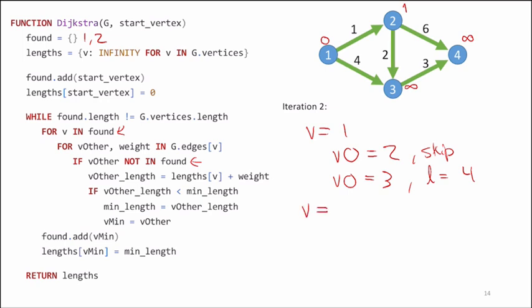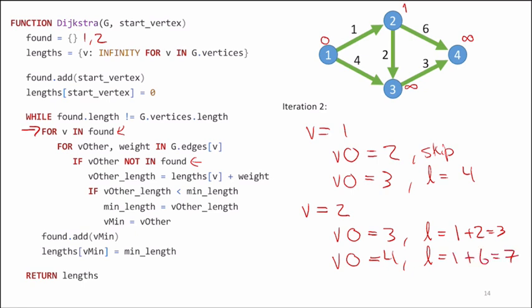Now we have to look at everything connected to vertex 2, because vertex 2 is also in the found set. So the things connected to vertex 2 are 3, which is going to give us a total path length of 1 plus 2 is equal to 3, and vertex 4, which has a total length equal to 1 plus 6 is equal to 7.